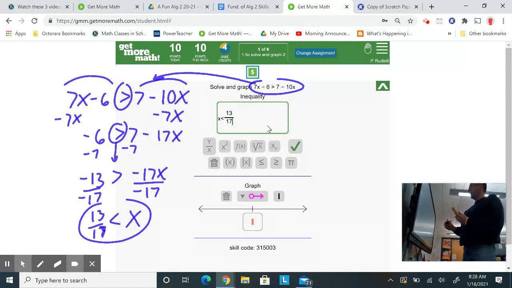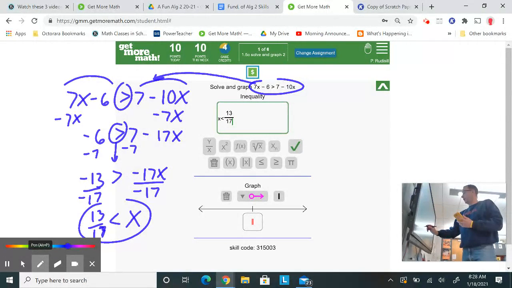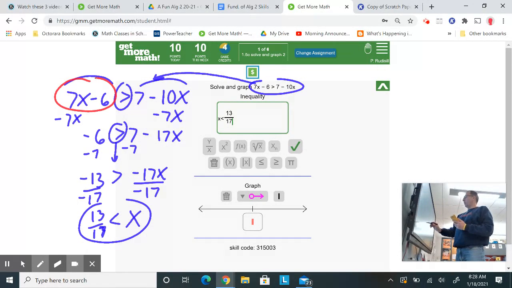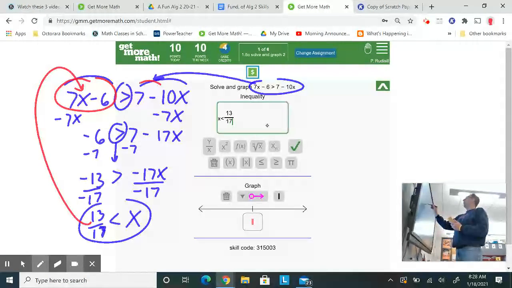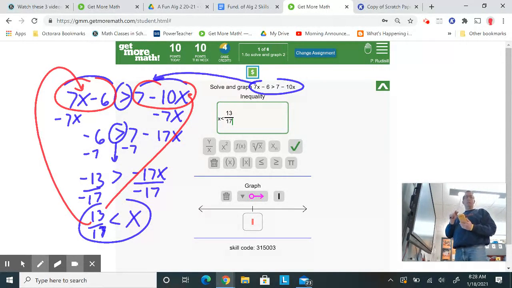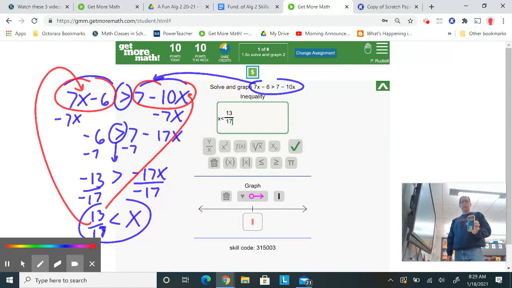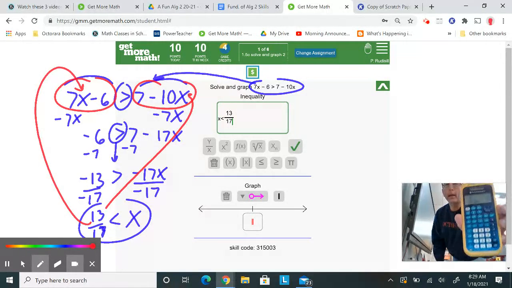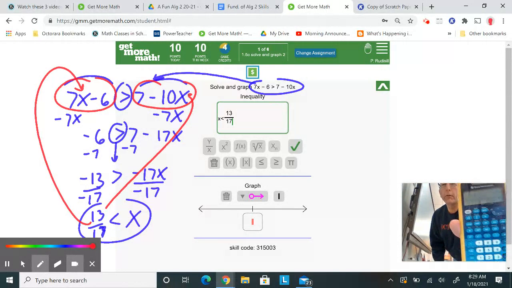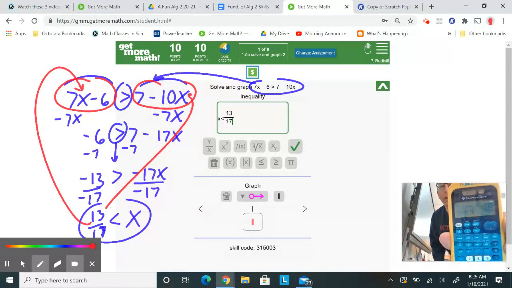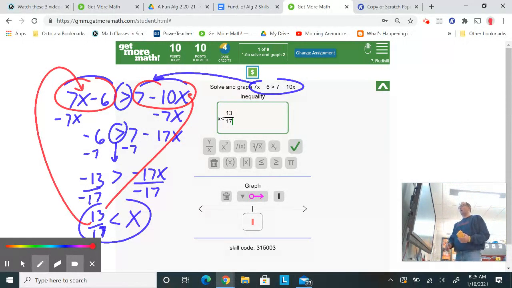I would take everything on the left side and substitute in 13/17 for x. Then I take everything on the right side and substitute in 13/17 for x and see if both sides are equal. So I'm going to pause. I'm going to check it right now. When I did my check step, it shows that both sides will be equal if I substitute in the 13/17.